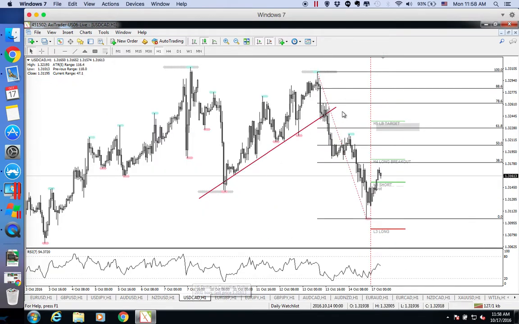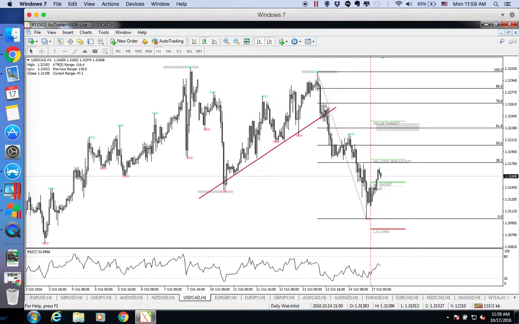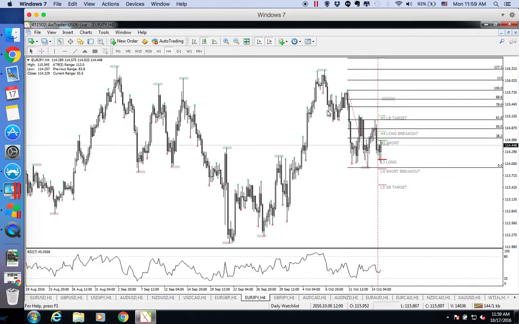Dollar Canadian was previously inching higher, and as of last Friday price broke this minor uptrend line. So again, similar setup. We are looking for a retracement back towards the 61.8 at 1.3230 or around that level to look for an opportunity to short the market. Euro yen was previously moving higher and then started to turn and reverse.